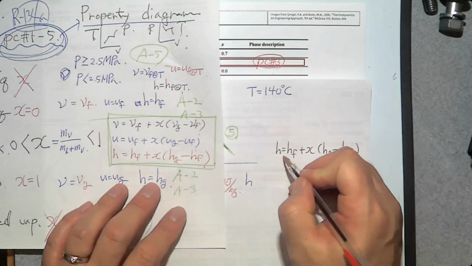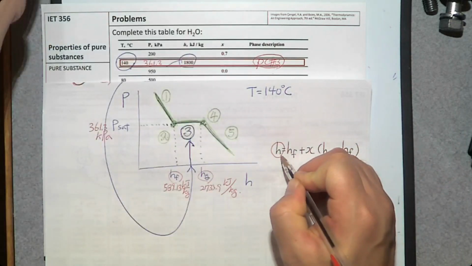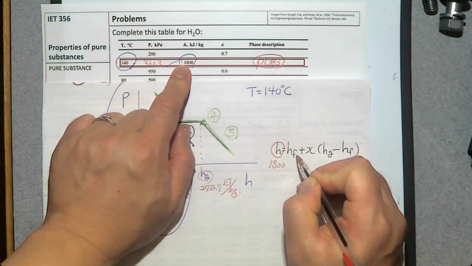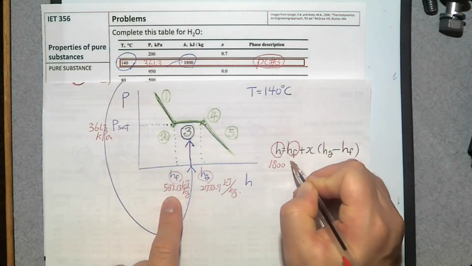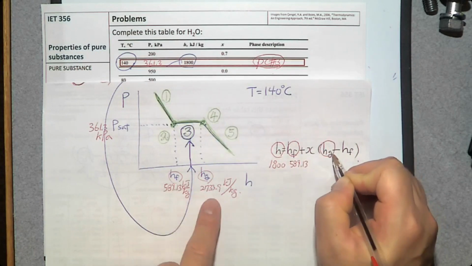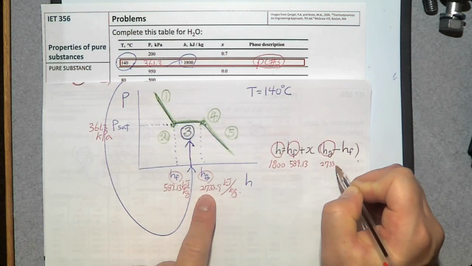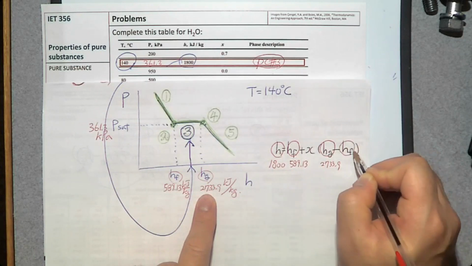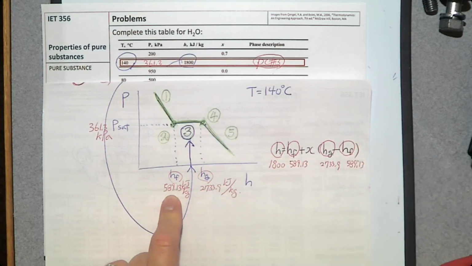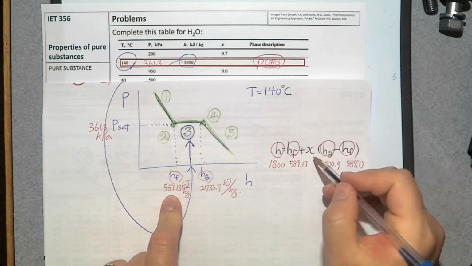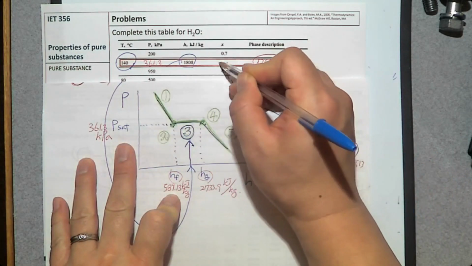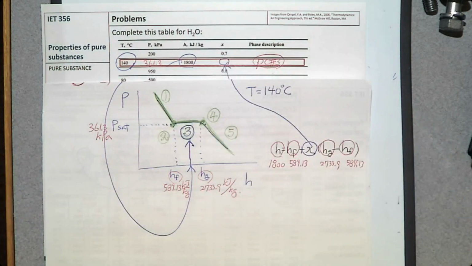So what is H? 1800. What is HF? 589.13. What is HG? 2733.9. So we have everything. Can you determine X? Yes. So what is this X? I don't know, but you can calculate that, right?